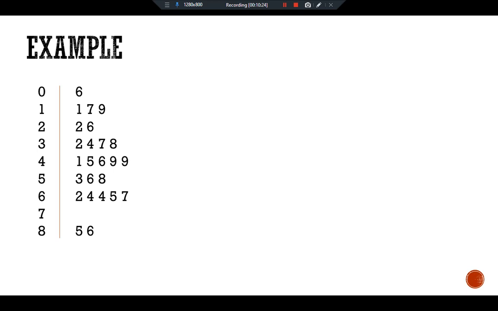So here we have the stem and leaf display which we prepared with the help of 25 students who spend their time on computer during 1 month. So this is the prepared stem and leaf display, and we have to make the stem and leaf display of groups of stems.